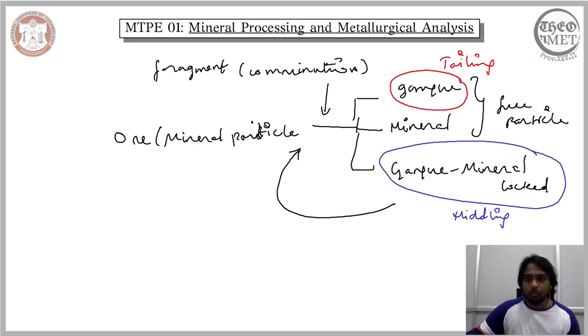So one of these three categories of particles will further undergo comminution, and this subsequent comminution will also give you gangue and mineral, so tailing and minerals.